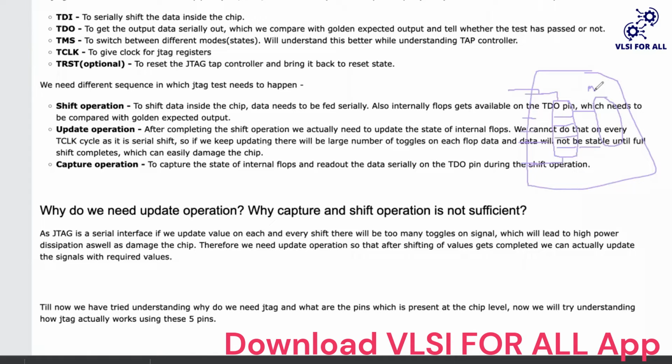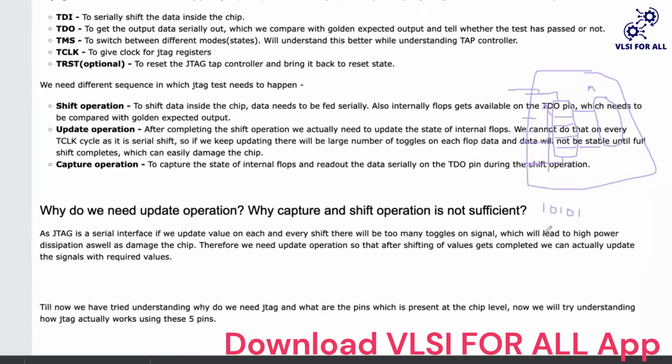What operations do we need? We need to understand that. First, we need a shift operation. Basically, to shift data into this register, you need a shift operation, right? And you need an update operation. Whatever you are shifting, you shouldn't be updating on every clock cycle. So suppose I need to shift in 10101 into this shift register.